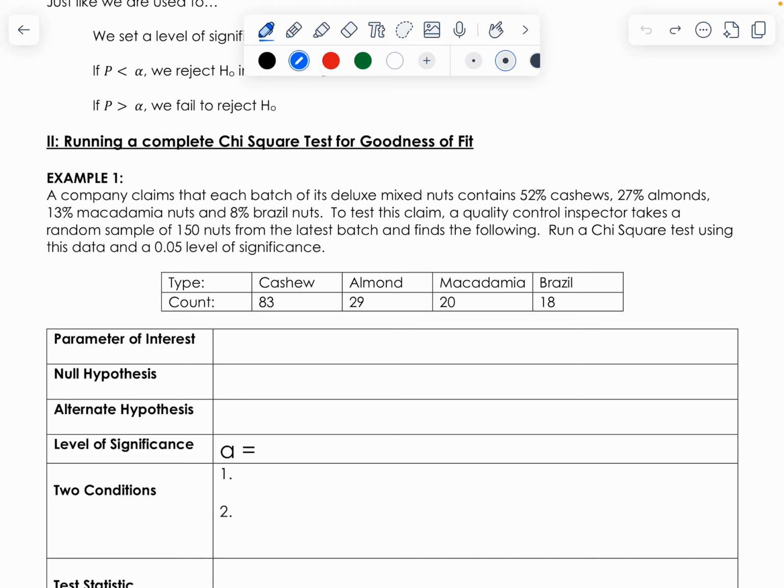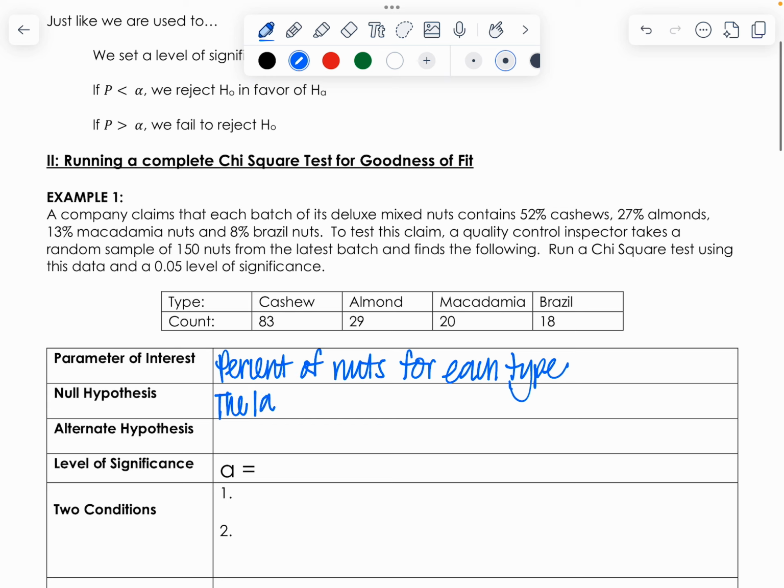So our parameter here is the percent of nuts for each type. So then the null hypothesis would say the claimed distribution of types of nuts is correct.